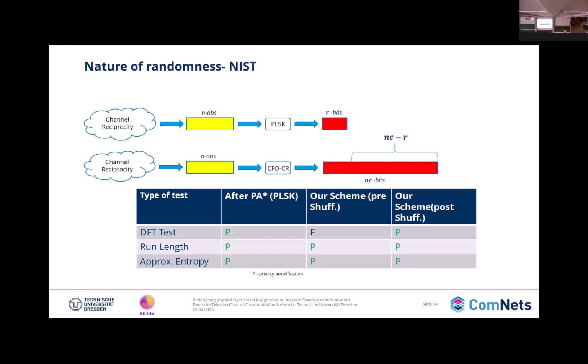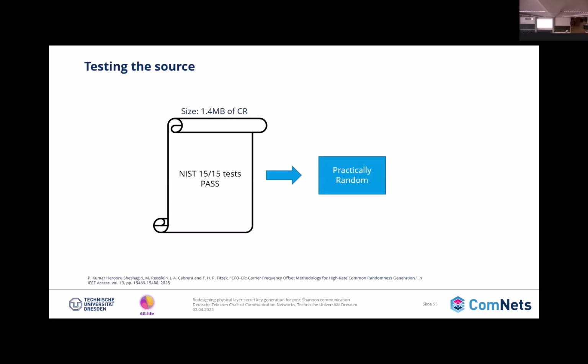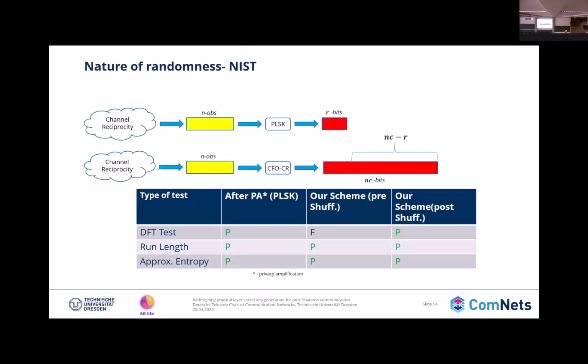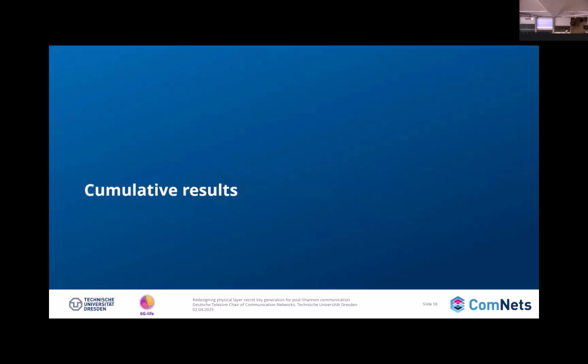Compared to the PLSK schemes, which I described in part one, now we were able to generate more bits for the same set of observations. We were also able to pass several NIST statistical tests. The PLSK schemes were already able to pass several NIST statistical tests, and now we are able to pass as well, while generating a higher number of bits for the same set of observations. So this is good news.